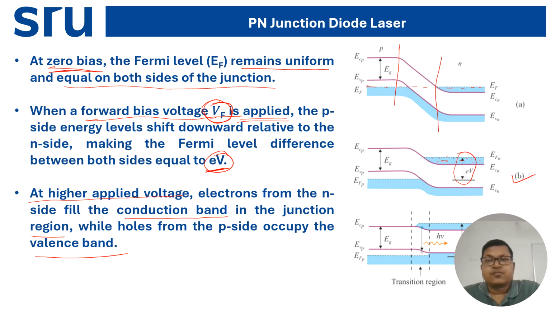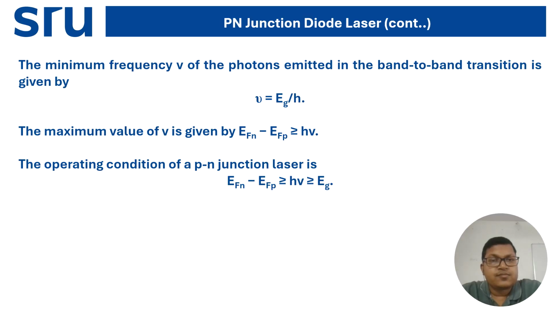Now we'll see how we can control it. The minimum frequency nu of the photons emitted in the band-to-band transition is given by nu equals Eg by h.